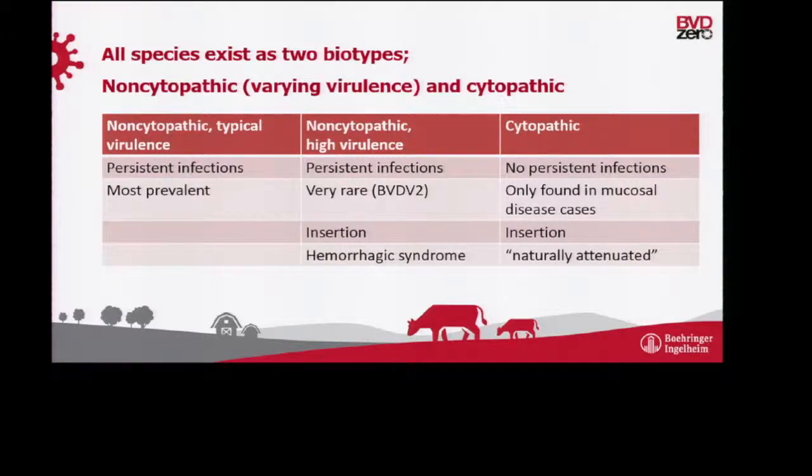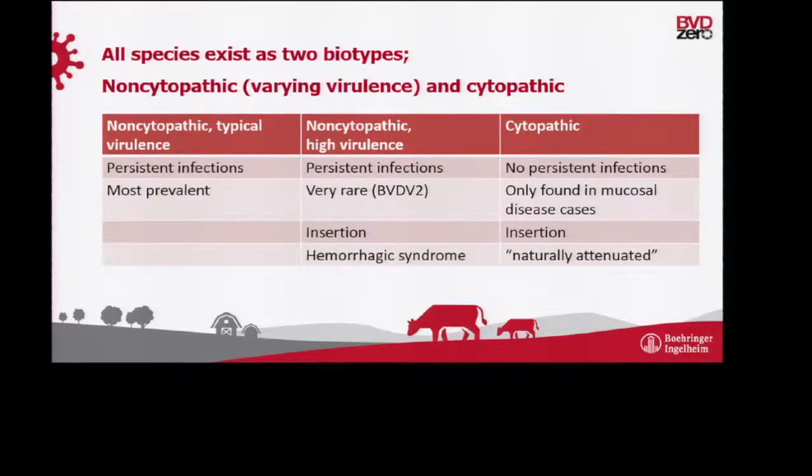They are the most prevalent in nature. This is what we'll find most of the time. We do have a variation, even among the typical virulence, from ones that don't even cause a fever to those that do give you a fever. All of them do give you varying degrees of drop of lymphoid cells, some of them that can be defined as a true lymphopenia.